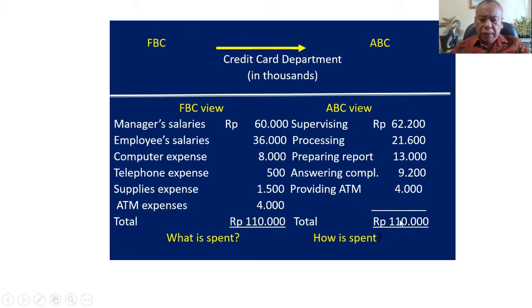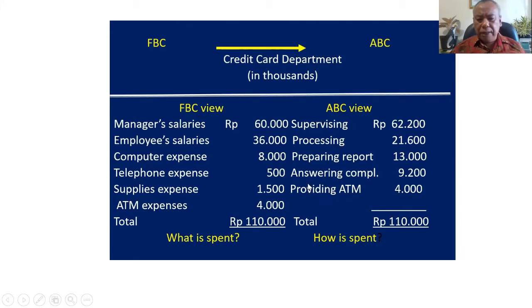In total, we have the same amount. In functional-based costing, we focus on what is spent. In activity-based costing, our focus is how it is spent. By having the activity cost information, it will be easier for management to identify value-added and non-value-added activities, and then management can eliminate or reduce the non-value-added activities.